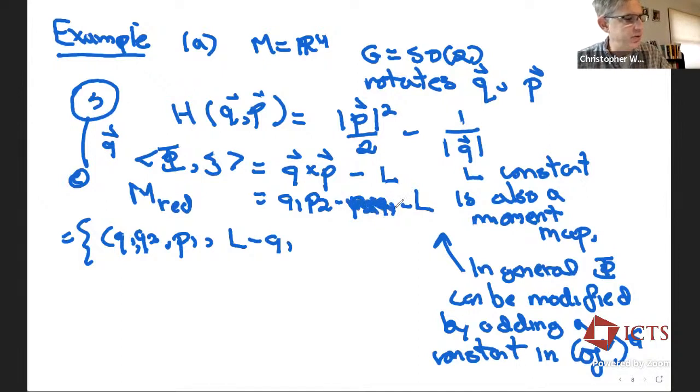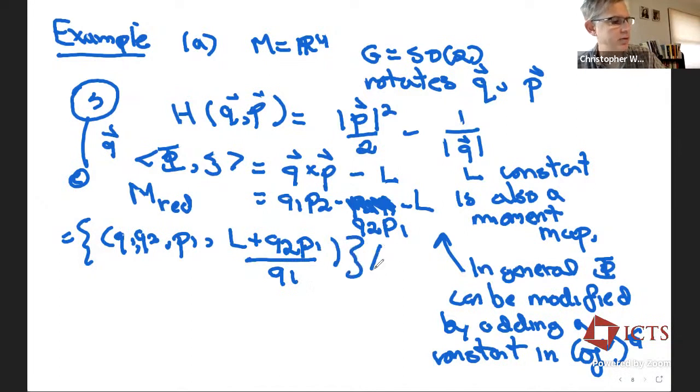The second term here is Q2 P1. So let's see. This is now P2 equals L plus Q2 P1 divided by Q1. And then I'm supposed to mod out by SO2.